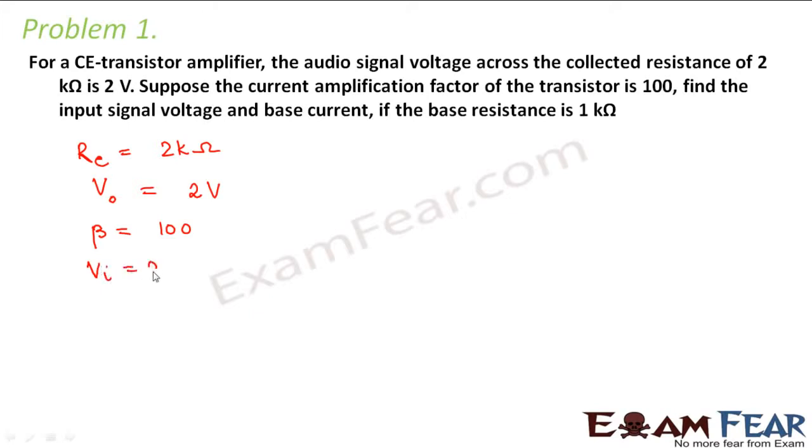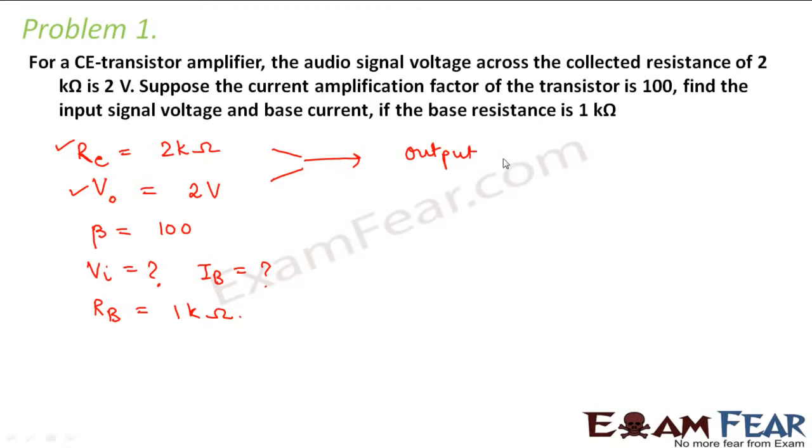So the input signal voltage is to be found and the base current is to be found if the base resistance, that is RB, is equal to 1 kilo ohms. Right? So in this case, what all are given? Output voltage as well as output resistance, both are given. So using this, I can calculate the output current.